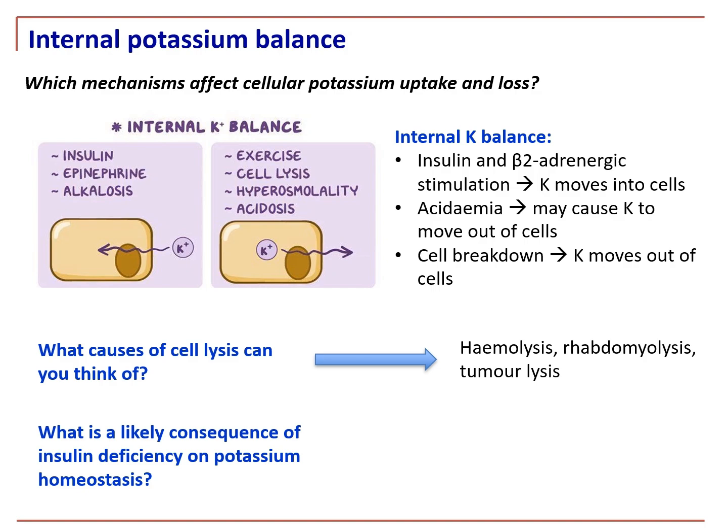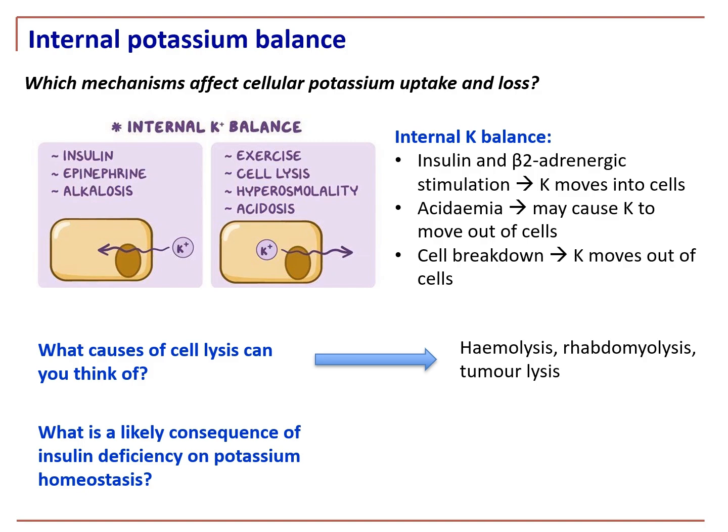So you've got myoglobin that is also released, and that's quite damaging to the kidneys. Myoglobin is the oxygen storage molecule in your skeletal muscle. And then you've got tumor lysis. So tumor lysis syndrome, if you've got a tumor and you get a rapid damage or killing of those tumor cells, that releases a lot of potassium into the circulation as well.